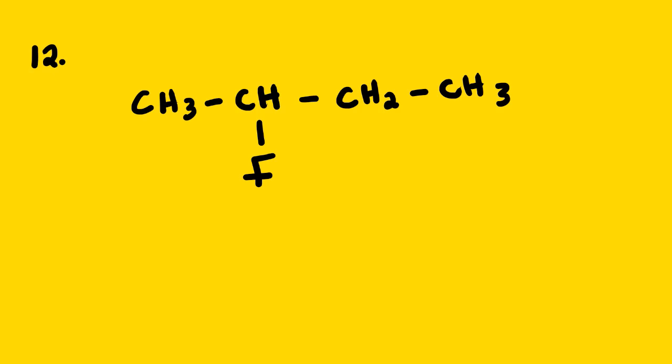Now we start introducing new things. So let's say we have a halogen in our compound. To give the name of this, let's say we start from here, 1, 2, 3, 4. When we name by counting from left to right, we have fluorine on carbon number 2, so we're going to have 2-fluoro.